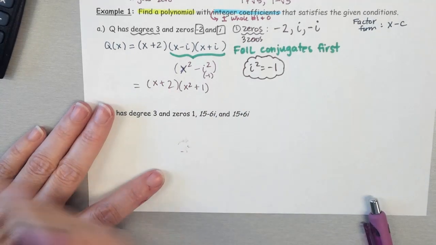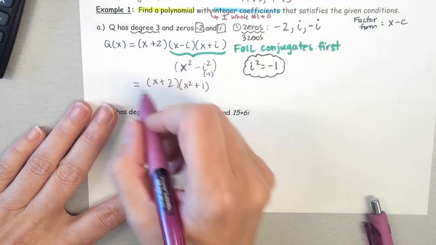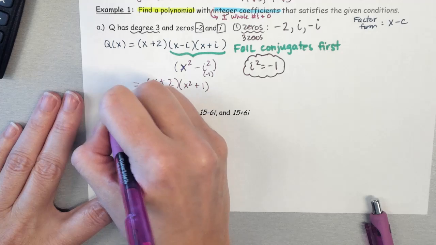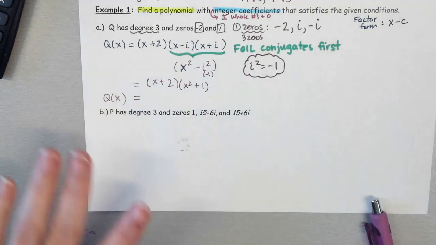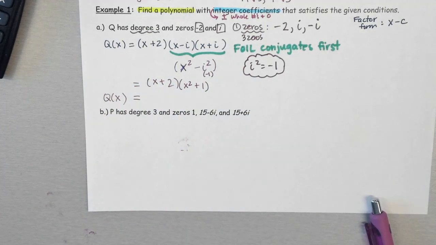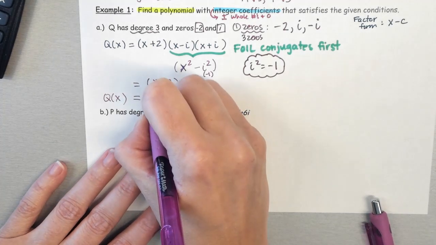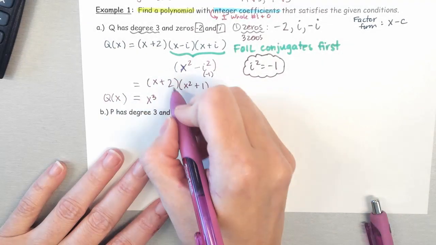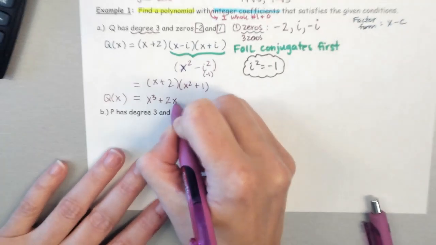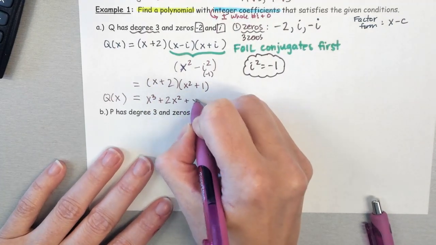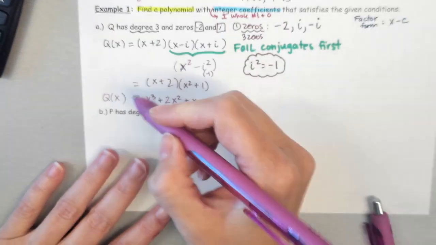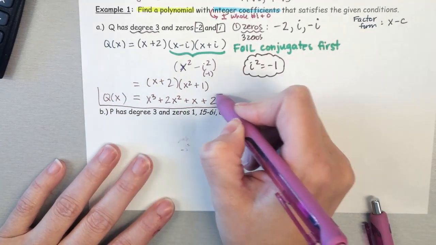Now you're going to FOIL these two. Now you guys know I like to box, right? This is the only time I won't. So when you multiply x squared times x, you get x cubed. Oh, actually I will. 2 times x squared, x times 1, 2 times 1. And then you just want this to be in standard form.